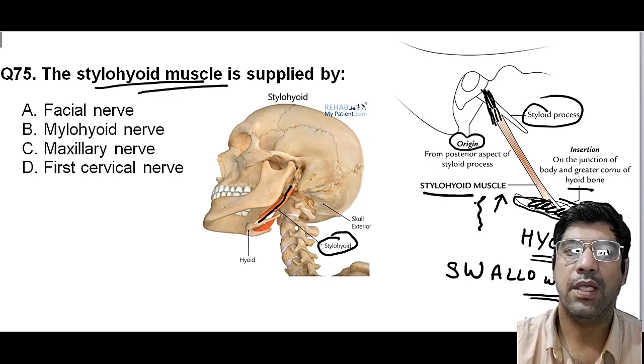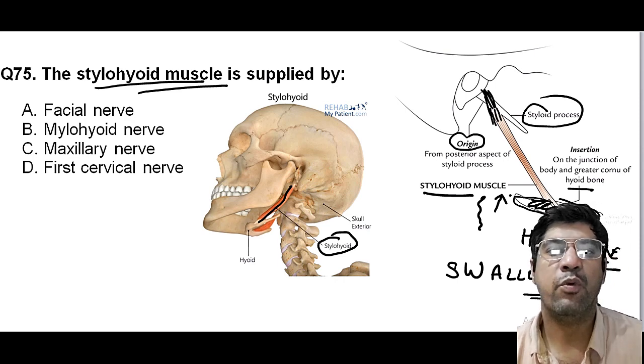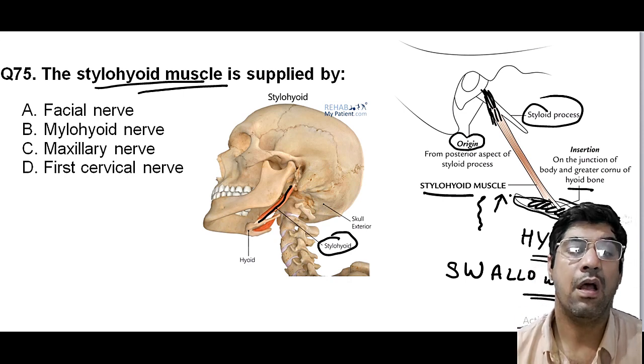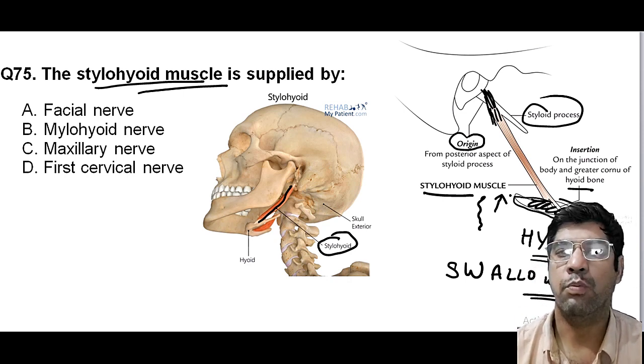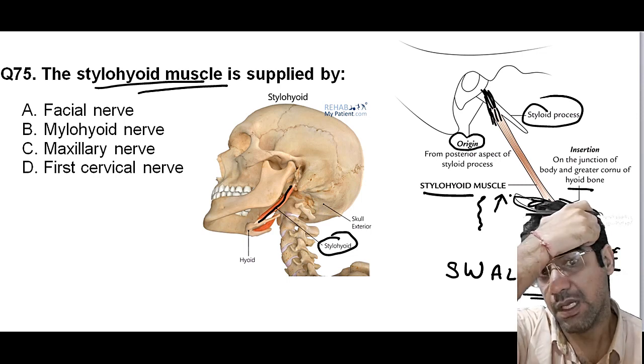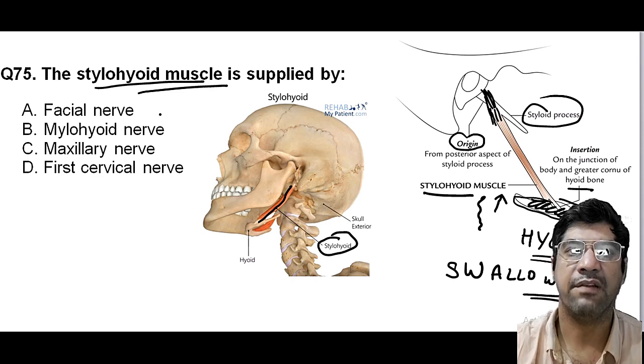That will pull the hyoid bone upward, helping to move the food safely down your throat. So that is how the stylohyoid muscle acts.